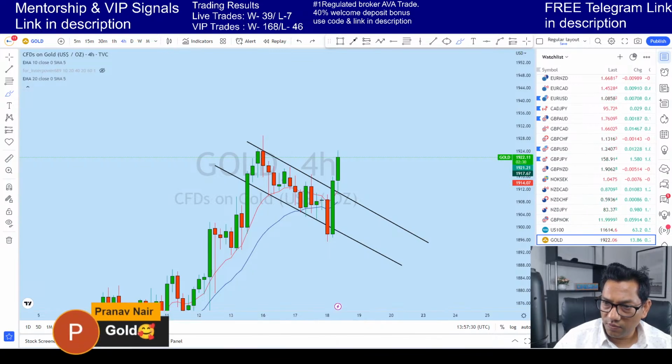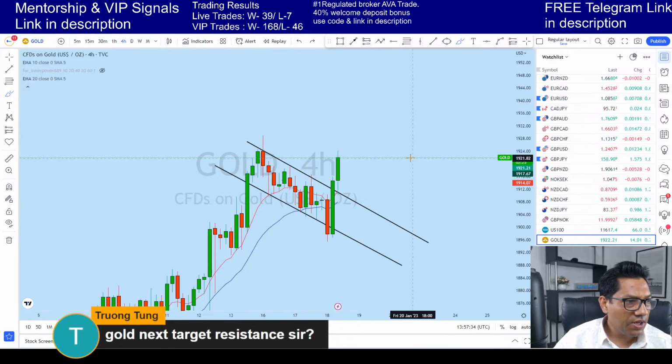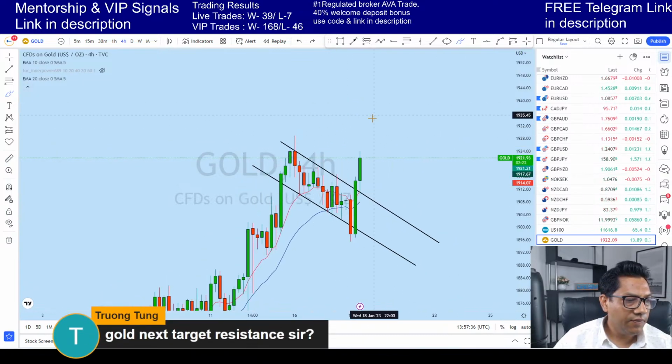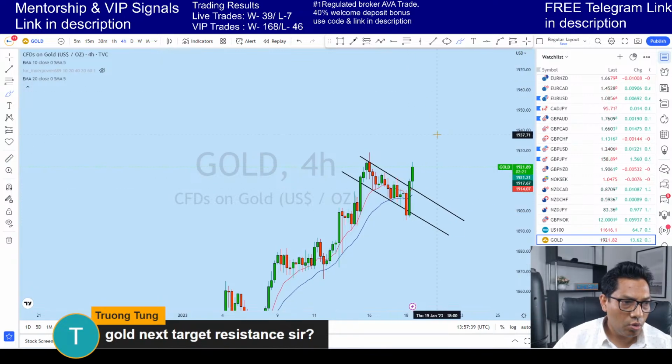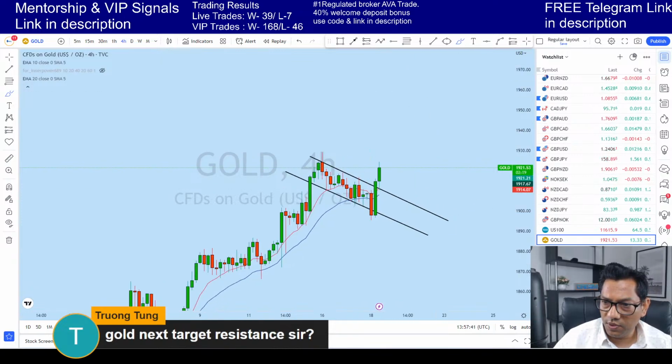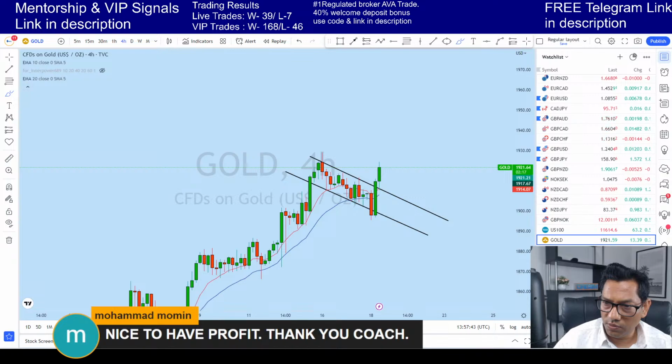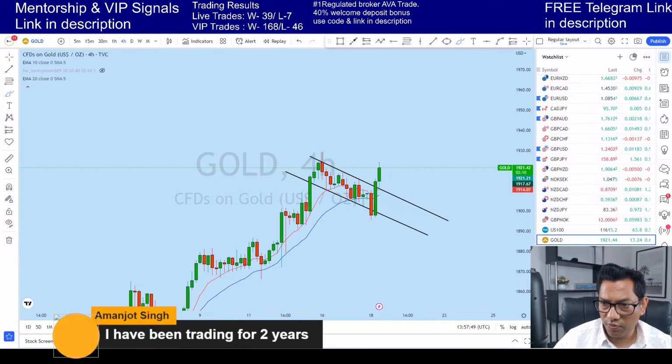Amazing, Pranab. So gold next trade resistance, sir. Basically we don't see any significant resistance on gold. I think that gold will continue to go up. Nice to have profit. Thank you. No problems. Amazing. Been trading for 2 years. Oh, very good. Got profit in last 2020. Very good.